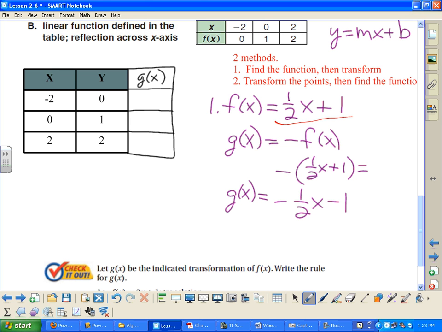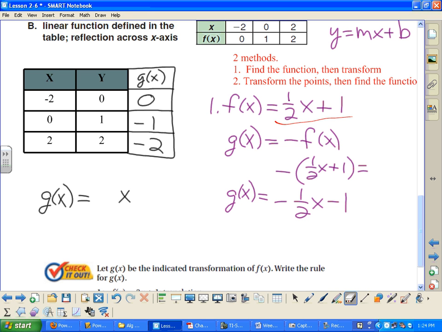So what's the opposite of 0? 0. Opposite of -1? 1. Opposite of 1? -1. Opposite of 2? -2. Okay? So g of x equals, it's a line. What's our y-intercept now? -1.